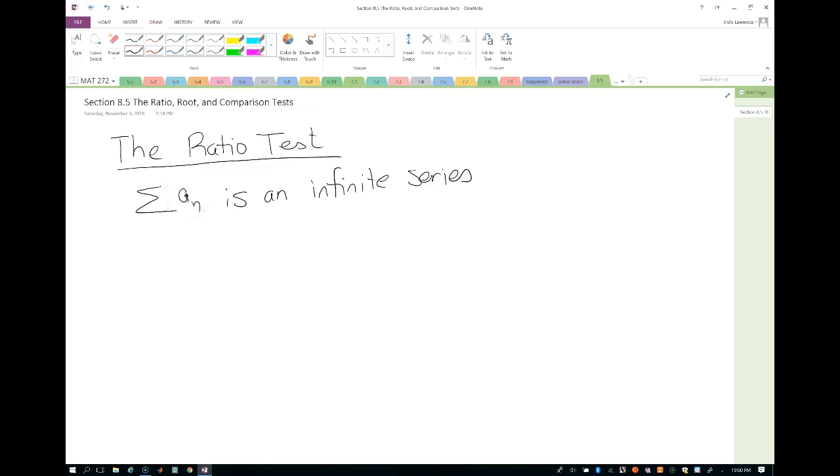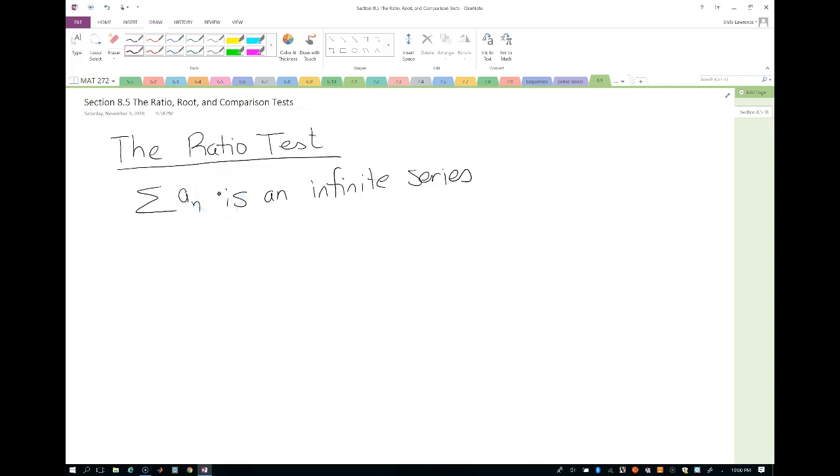But also we mentioned that it's got to go to 0 pretty quickly. So what the ratio test is going to check is to make sure that these terms decrease by an order of magnitude every single time.